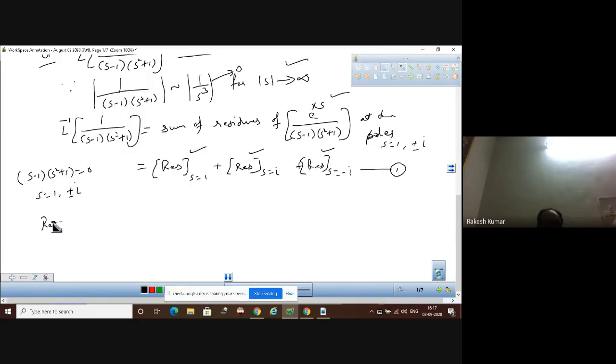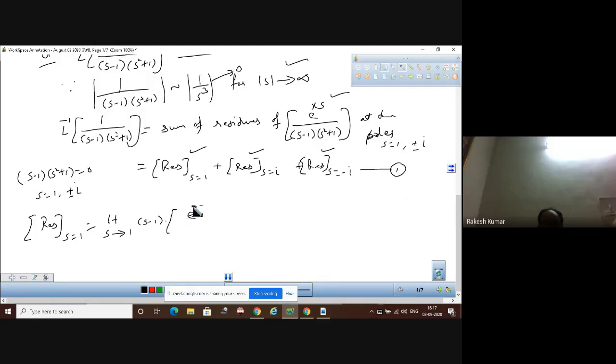It's very easy. And how to find the residue? Residue at s equal to 1 is the limit as s approaches 1 of (s minus 1) into the function. This factor comes from s equal to 1. Suppose s equal to minus 1 is there, then the limit as s approaches minus 1, and there will be s plus 1 into the same function.